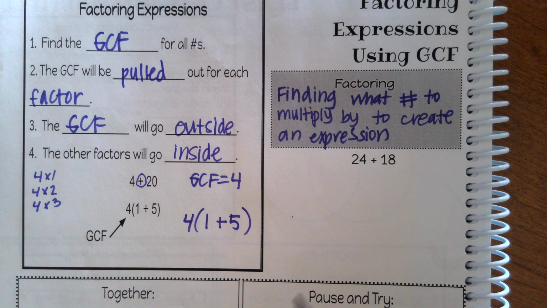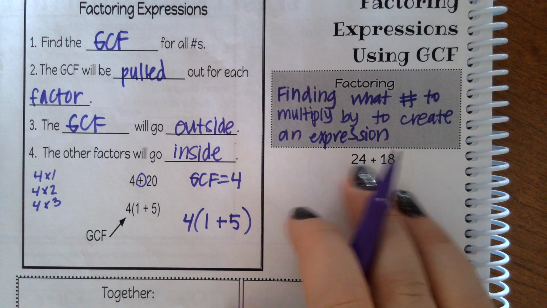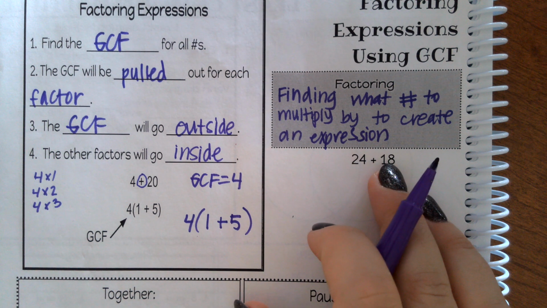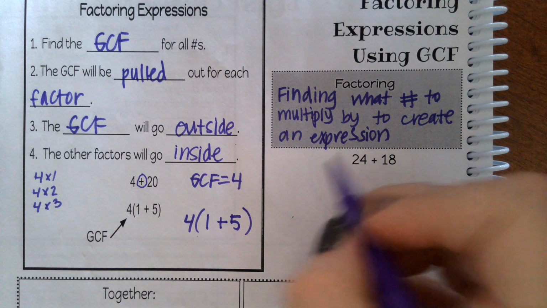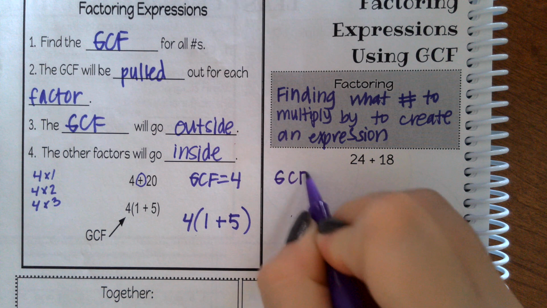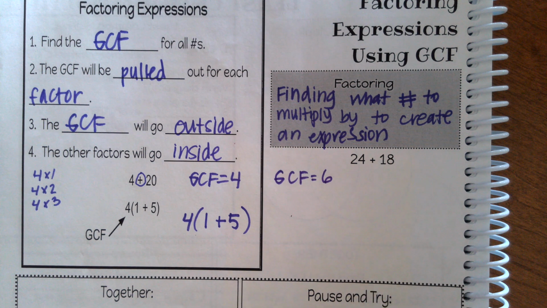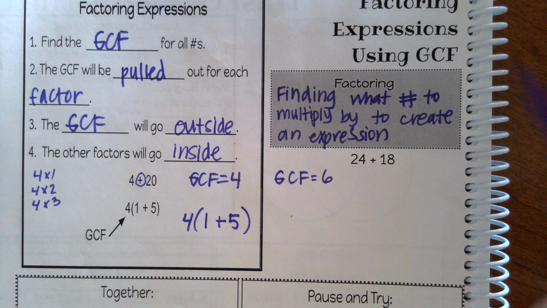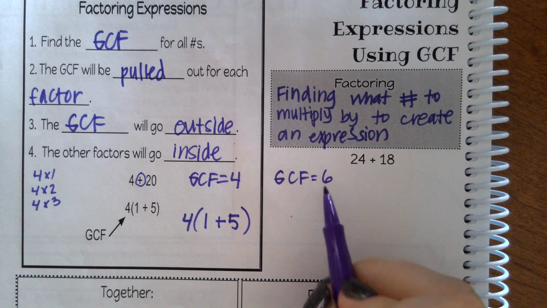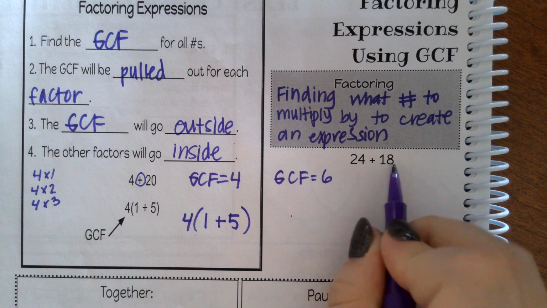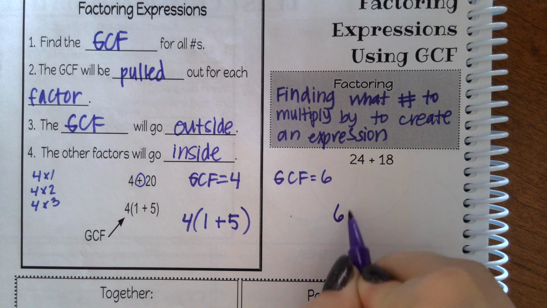For example, I know that 2 can go into both of these numbers, but I actually know that there's a bigger number that can go into both, which is 6. So that's the very first step, is to come up with the GCF, okay? Now we're going to set up our little problem here with the parentheses. The GCF of these two numbers is going to go on the outside of the parentheses.